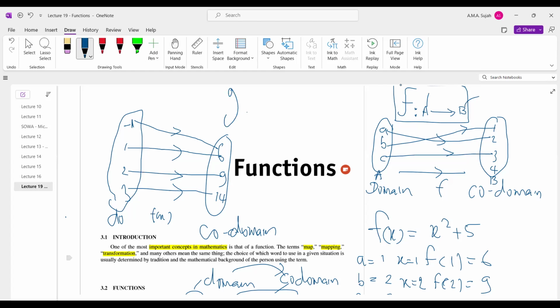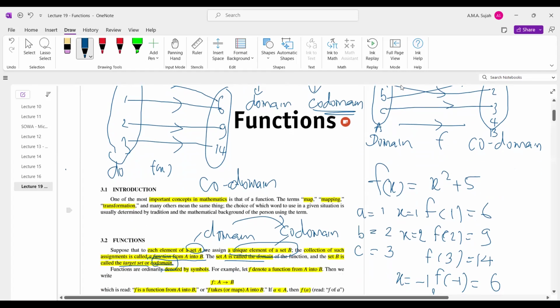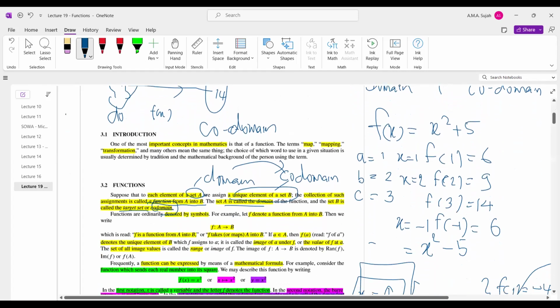Now if I write g is a function from C to D, can you tell me which one is the domain here? The domain is C, and D is the codomain, right? If I write this way, you can find out which one is the domain and which one is the codomain. That is important.